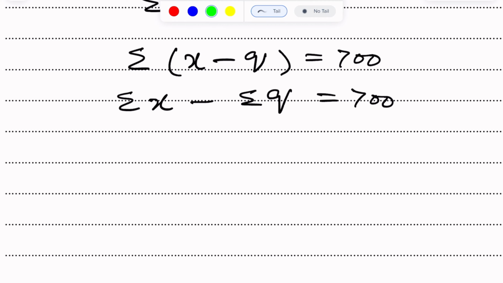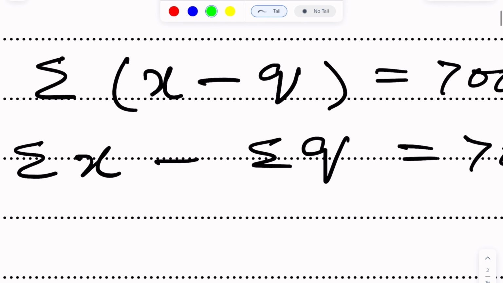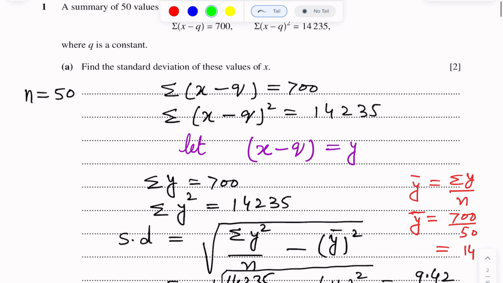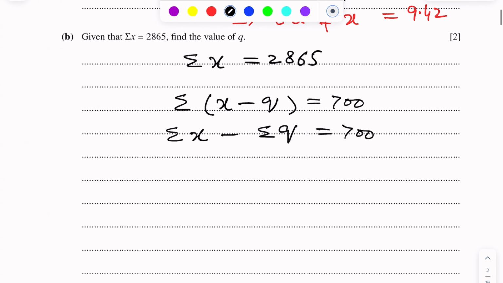To remove the summation sign from summation q, we multiply by the number of observations, 50. This becomes summation x minus 50q is equal to 700.